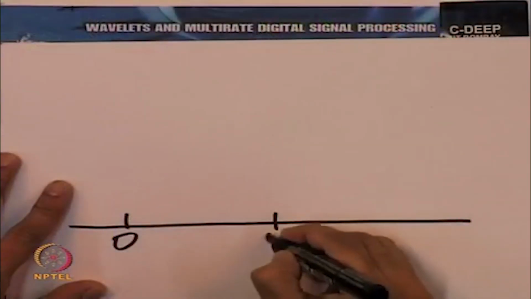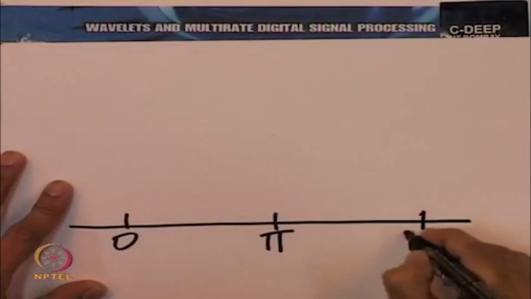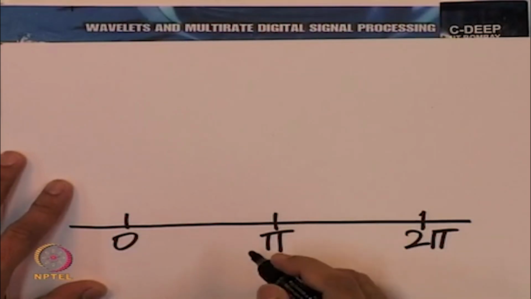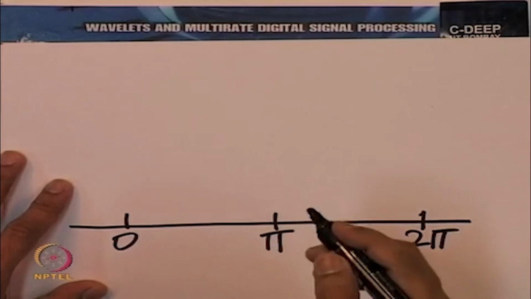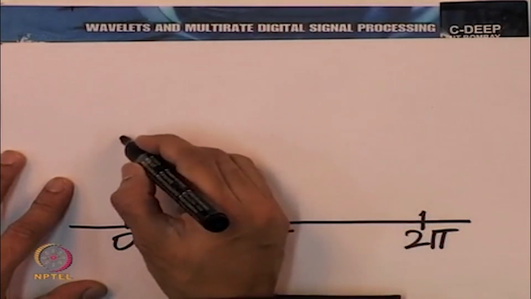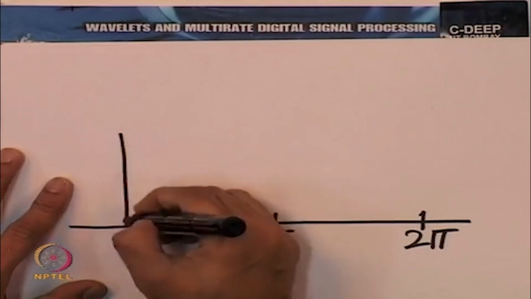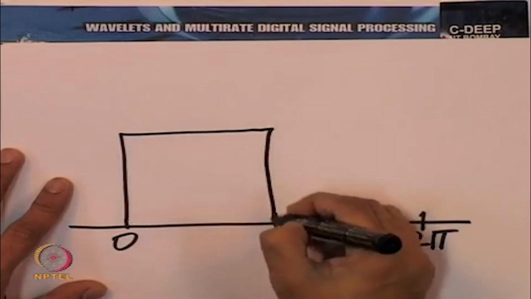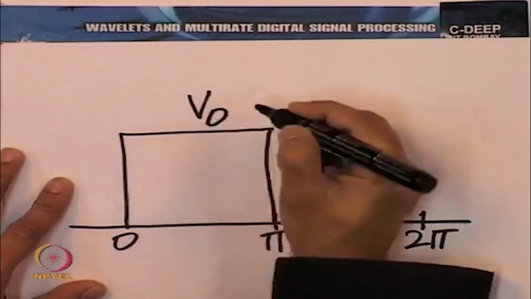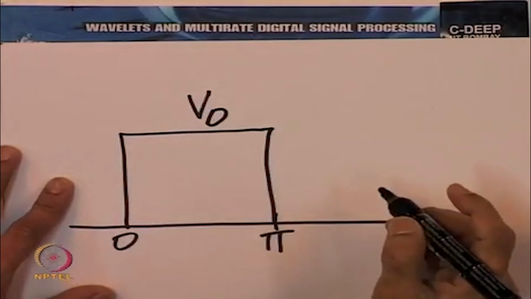I could show it just on one. So, I will just show for completeness 3 of them. This is what V 0 does.